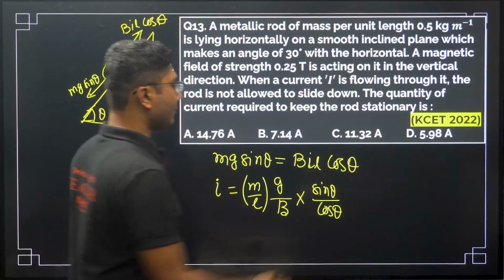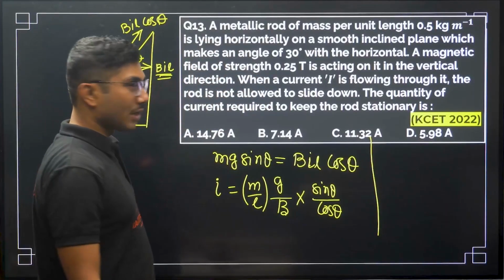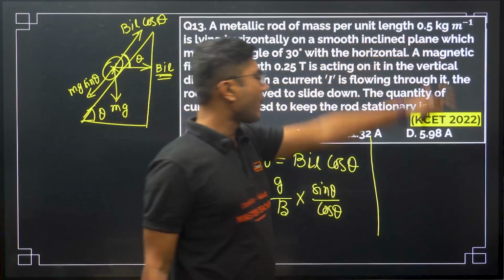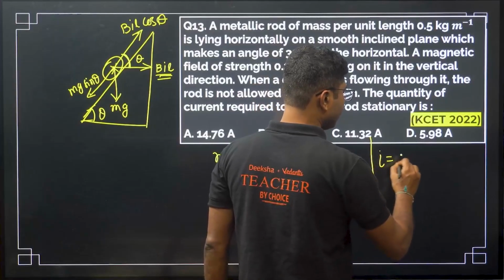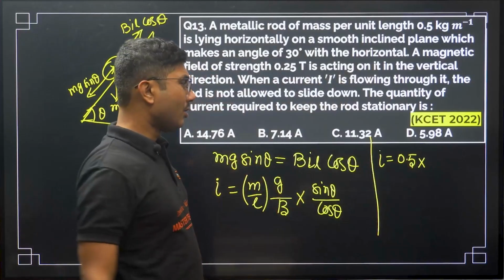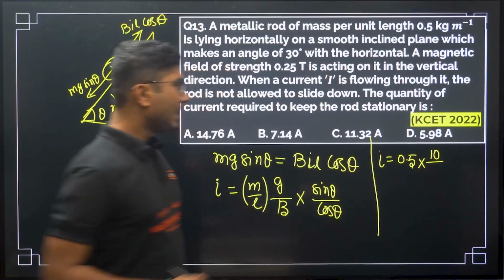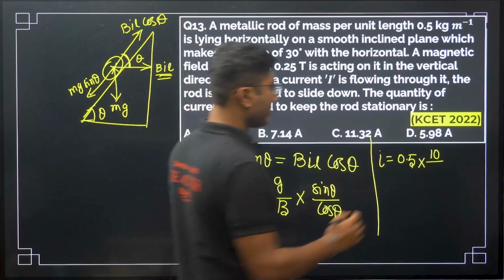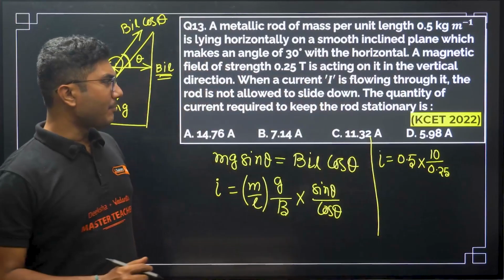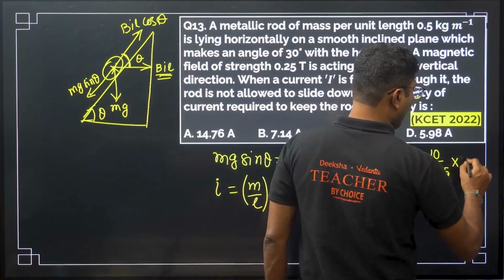Now let us put the values. Sin theta by cos theta is tan theta. So tan 30 we can directly put, which is 1 by root 3. First we put the value of m by L, which is 0.5 kg. So I equals 0.5 into g, for now take 10, divided by 0.25, the magnetic field is 0.25 tesla, into 1 by root 3.